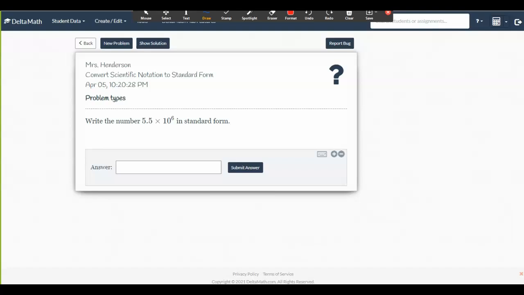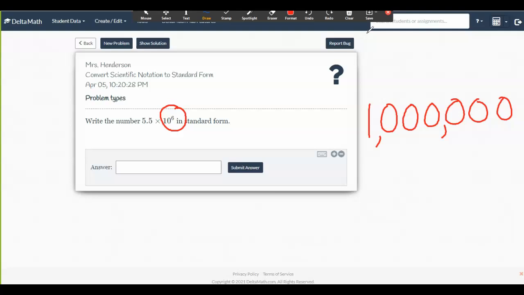We know that because we have a number on the left known as the coefficient, and we have a power of 10 here at the end. 10 to the positive 6th power is a 1 with 6 zeros after it, or 1 million. So I want to multiply 5.5 times the number 1 million.